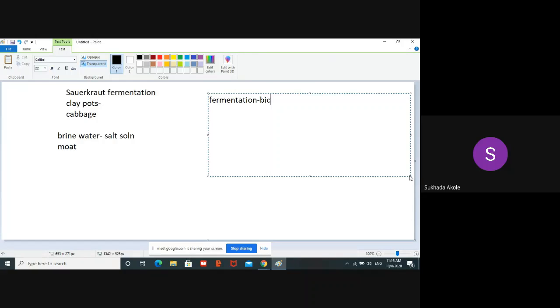Fermentation is defined as a biochemical change brought about by anaerobes or partial anaerobes, involving the oxidation of carbohydrates, either by microorganisms or by enzymes which are there within that food, either by microbes or by enzymes.